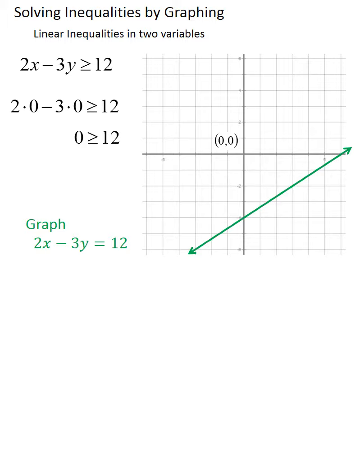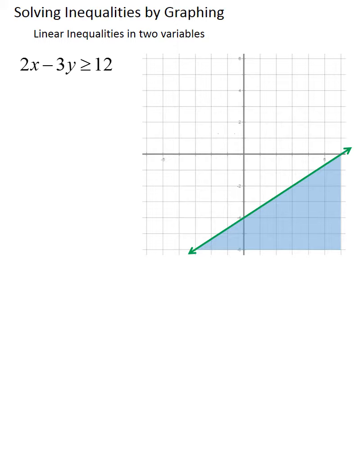And that means the origin, my test point, must be on the false side. And that leads me to conclude that the true side must be the other side. And then I would shade there, and I now have the final solution to this problem.